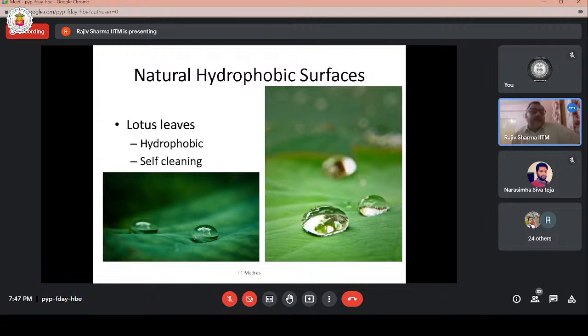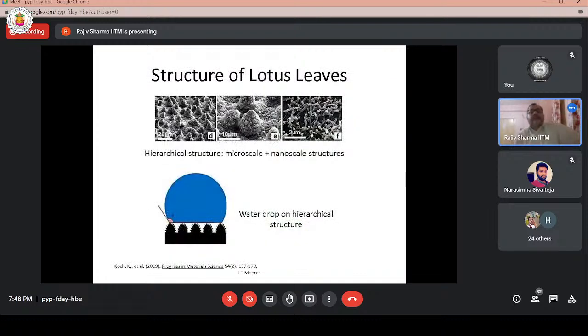Then they found that this is something related to hydrophobicity. That means the structure is not really loving water. It is something which is able to repel water. It also has remarkable self-cleaning characteristics. And this allowed people to see what is so special in the lotus leaves.